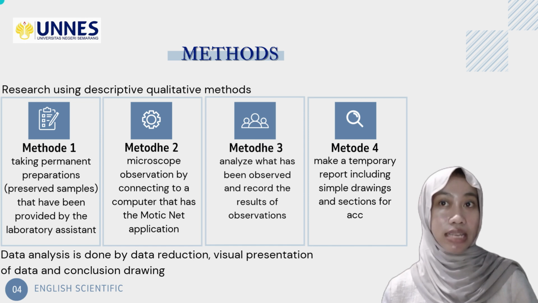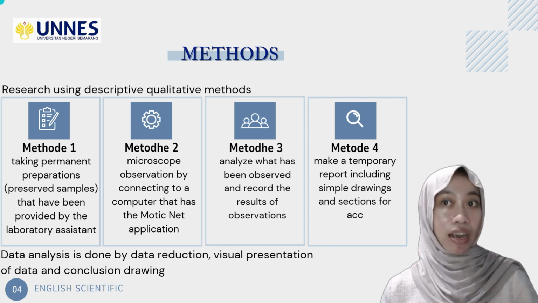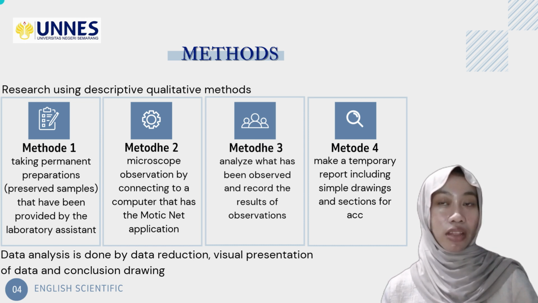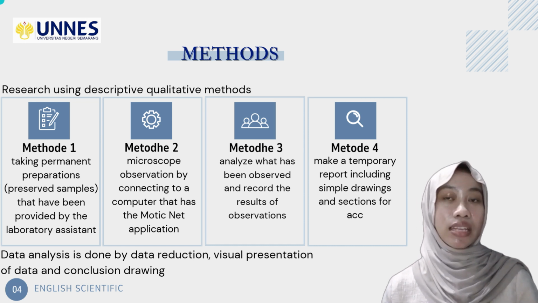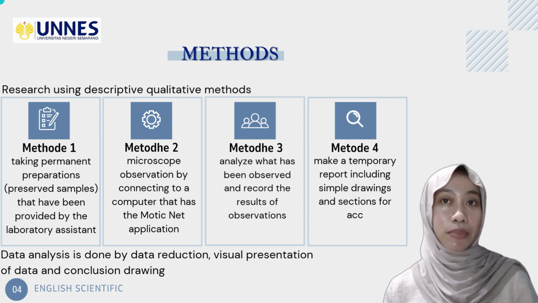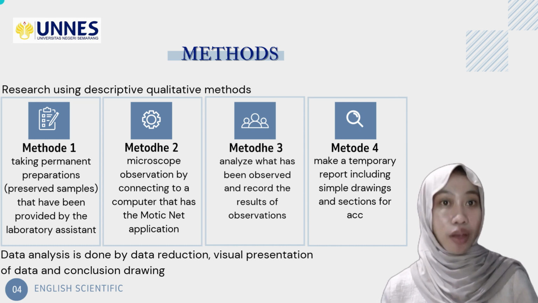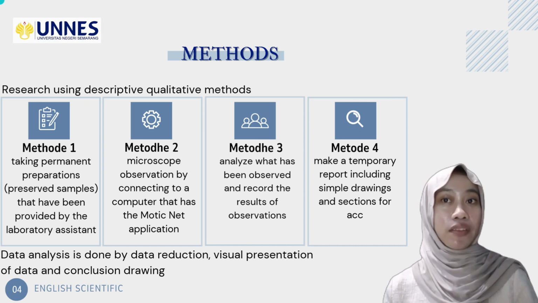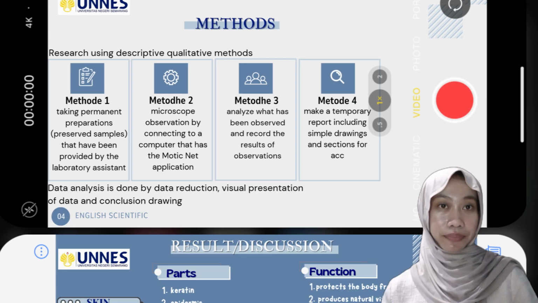Second method is microscope observation by connecting to a computer that has the Multinet application. Third method is analyzing what has been observed and recording the results of observation. And the last method is making a temporary report including simple drawings and sections for assessing. Data analysis is done by data reduction, visual presentation of data, and conclusion drawing.